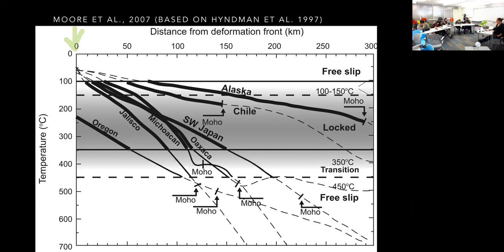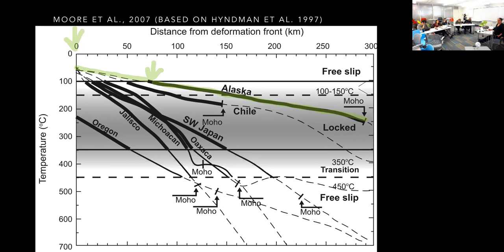So the curves, let's just look at Alaska. Why did I make a dashed line here? Oh, this is supposed to be the upper stable sliding zone where you have no earthquakes. And then right here we have the up dip limit of the earthquake source region. And this represents the distance on the plate boundary, which is in the seismogenic zone.